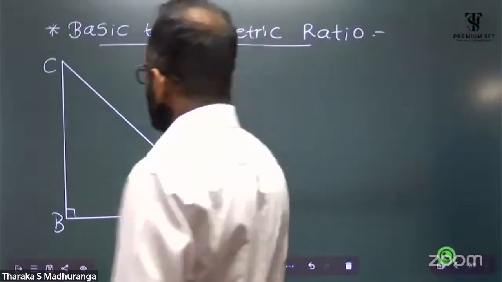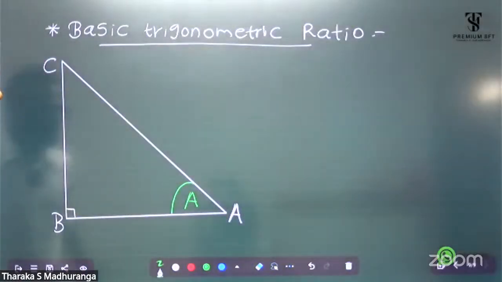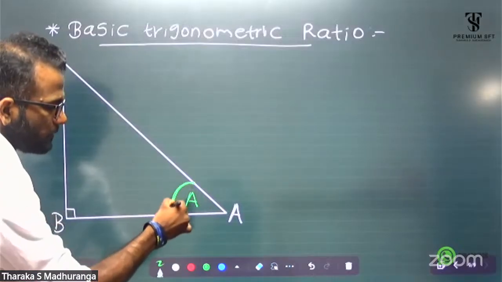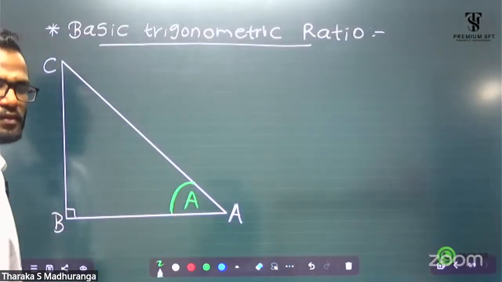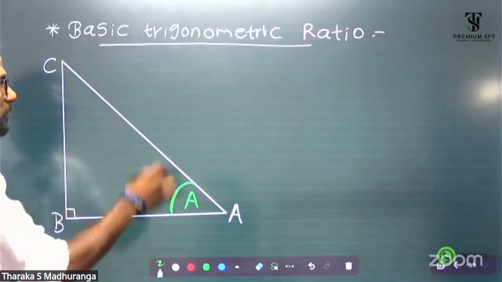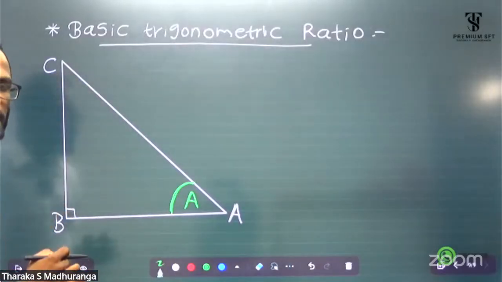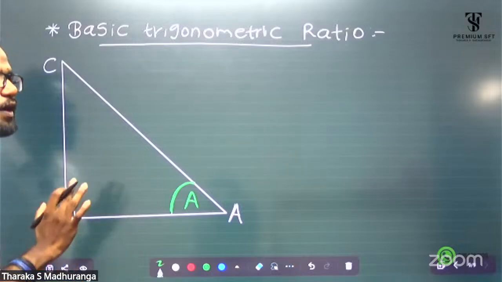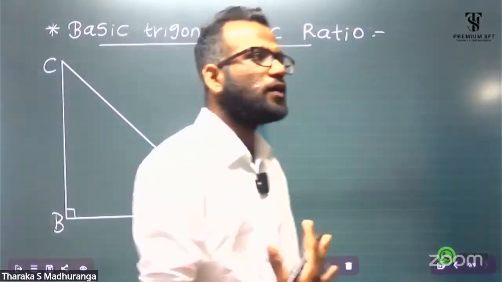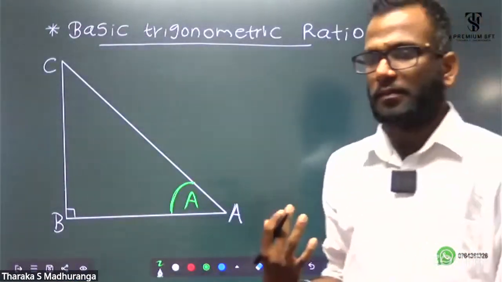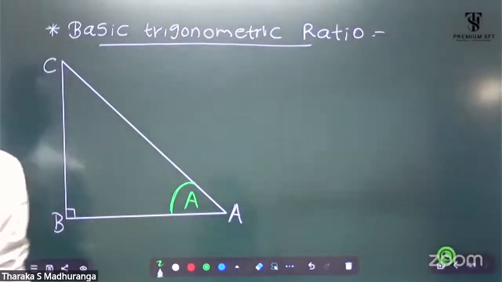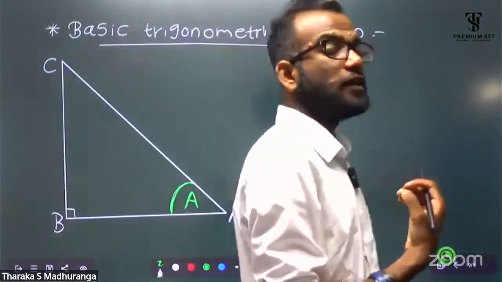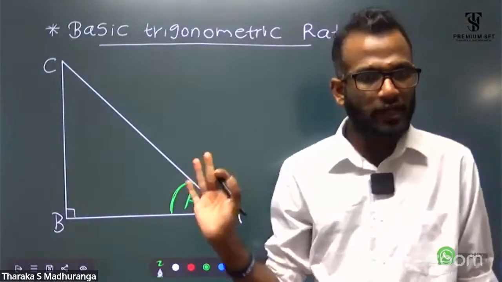Now, if we consider this A angle, what is this side? I need opposite, adjacent, hypotenuse. This is a right angle triangle.